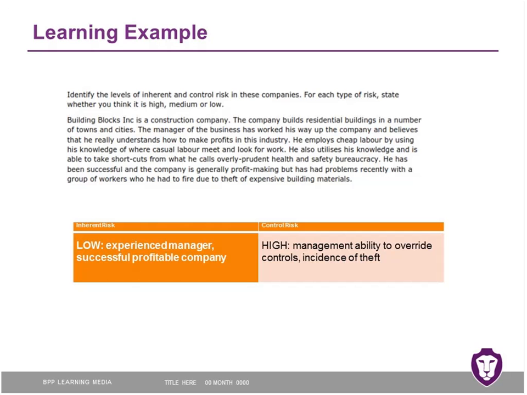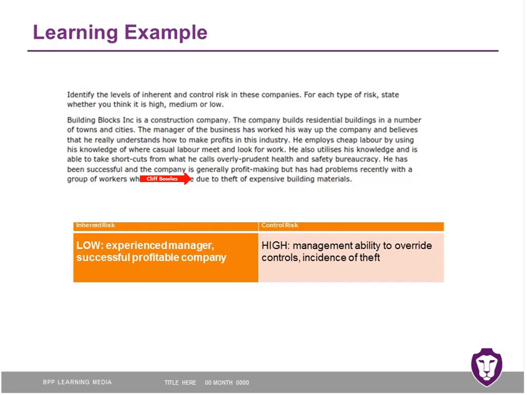So what's the inherent risk? Well, it's low because he's an experienced manager and the company's successful, it's profitable. But the control risks, controls about theft, controls about a group of workers stealing something.